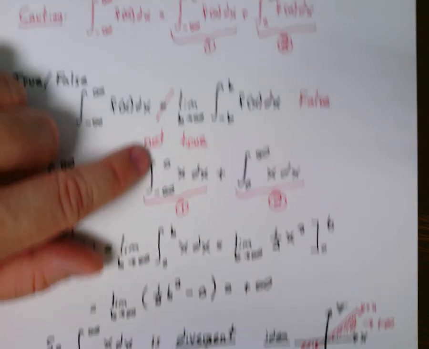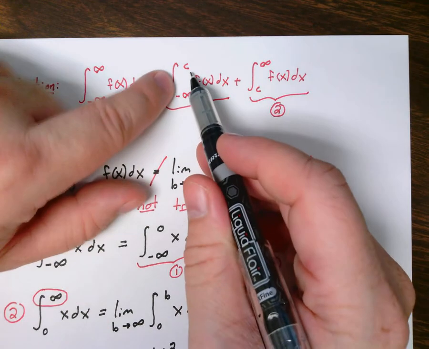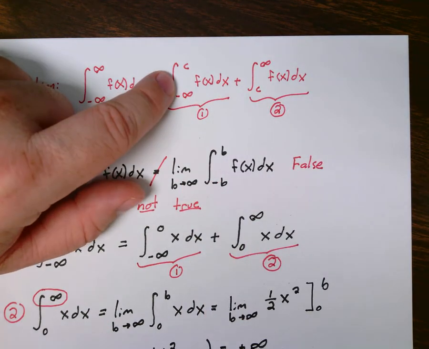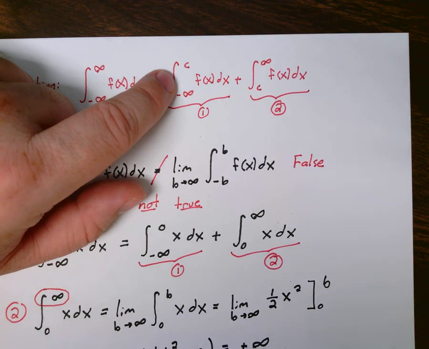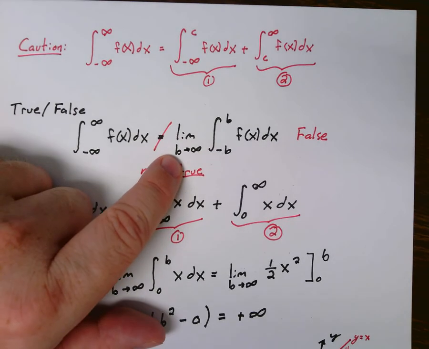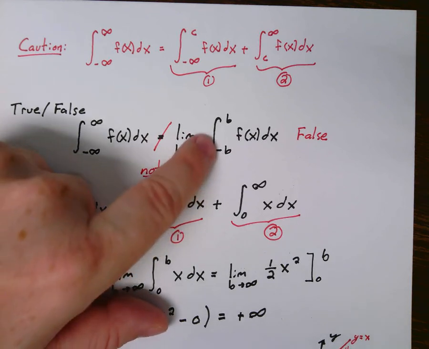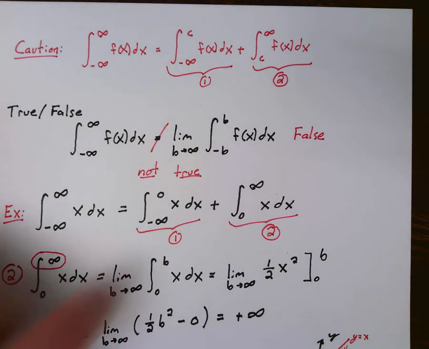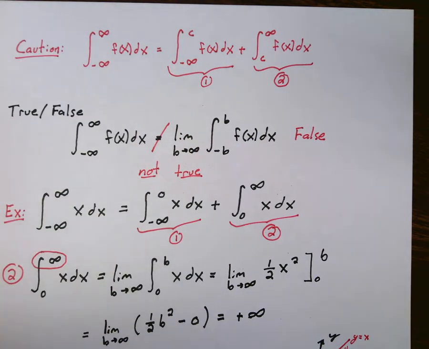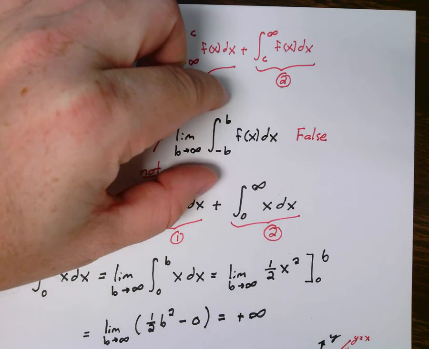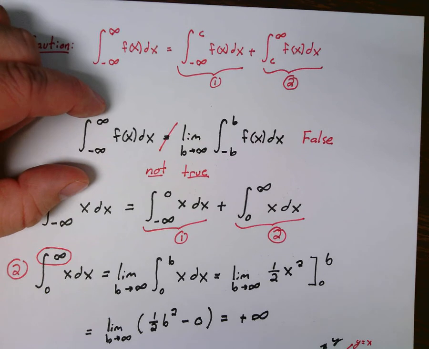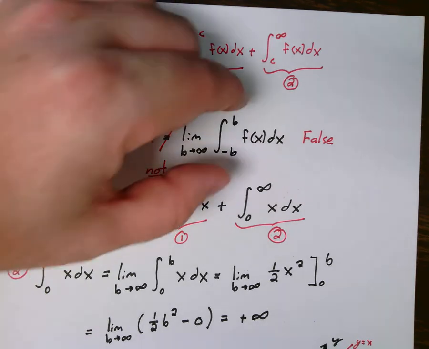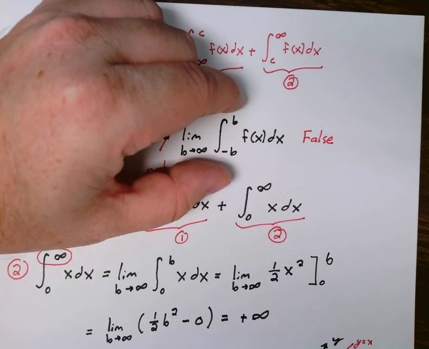That's what's important about this definition. This definition says if you split it at c, any c value, it should work and it should be a finite value. Here, notice what happens. We're actually ignoring the tail end. We're ignoring the parts to infinity. We're just looking at negative b to b. This is a specific cut. This is a general cut of how we slice the space, and this is a very specific cut.